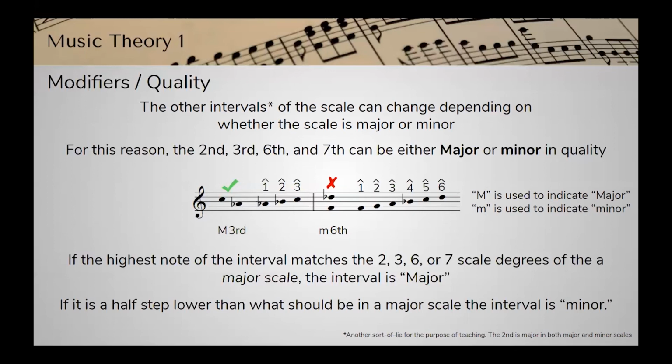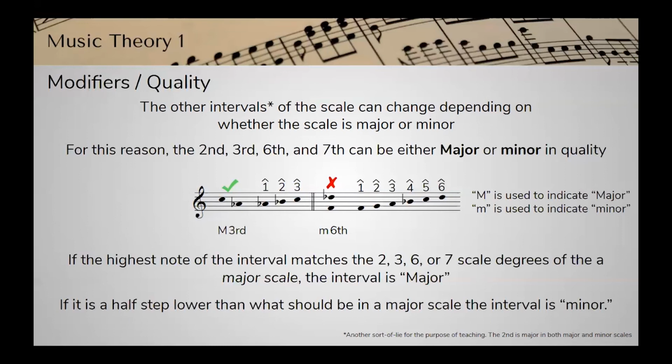Okay, so to summarize that, seconds, thirds, sixths, and sevenths can be major or minor. They'll never be perfect. Join the club. But they'll be major or minor. And that's determined by whether or not they match what is in the major scale of the lowest note.